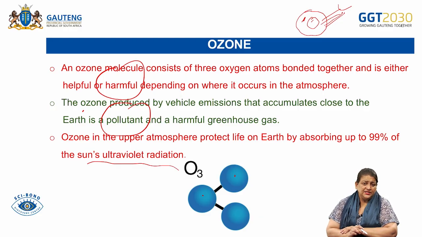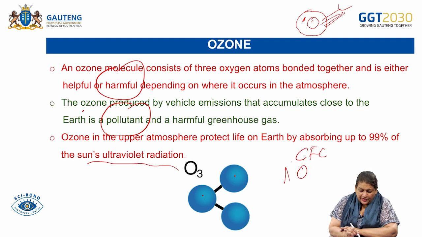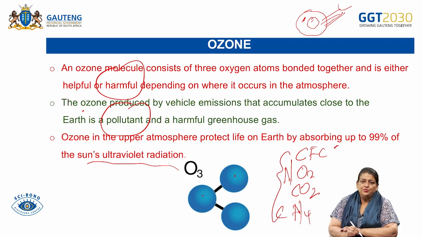And what's causing the ozone to be depleted? It's our greenhouse gases like nitrous oxide, too much carbon dioxide, too much methane, and also chlorofluorocarbons. So the CFCs, the nitrous oxide, the carbon dioxide, and the methane, which is your CH4, all contribute to destroying our ozone.